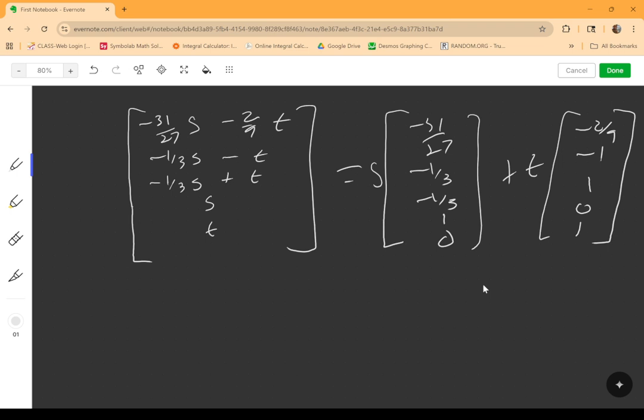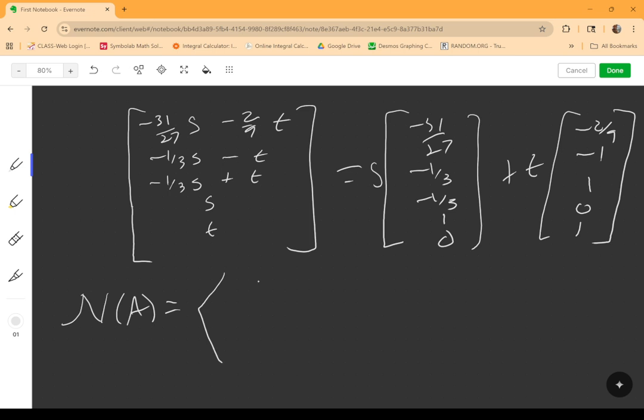Now, to describe the null space, previously we wrote it as a linear combination in set notation, letting S and T be any real numbers. But now we can write it as a span.